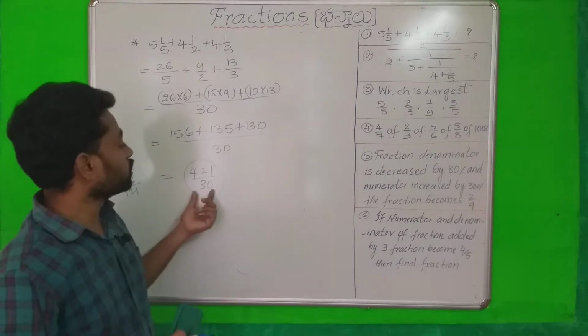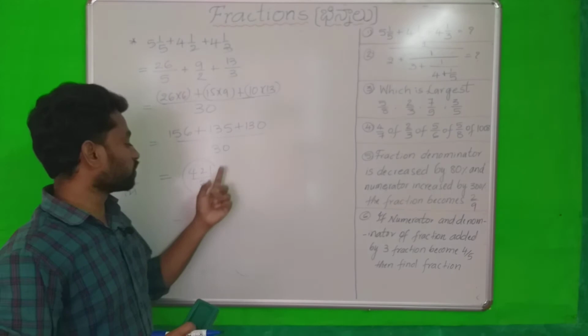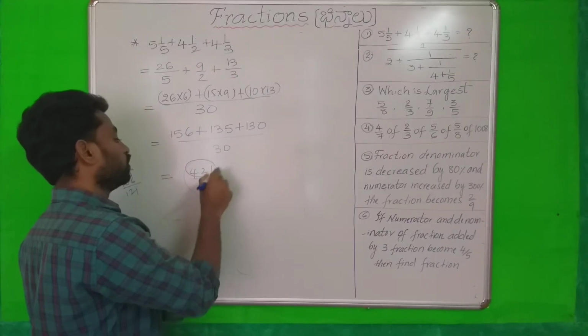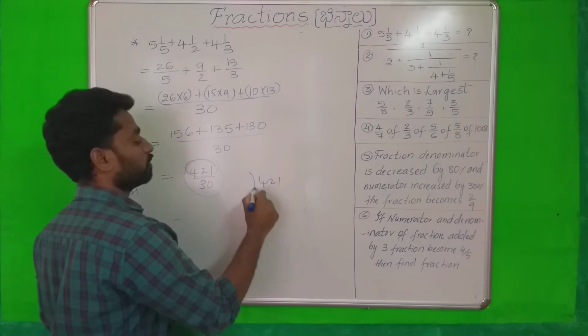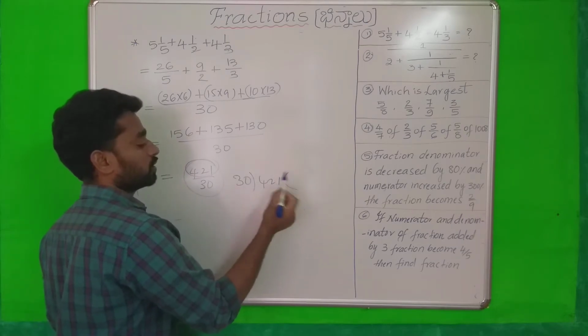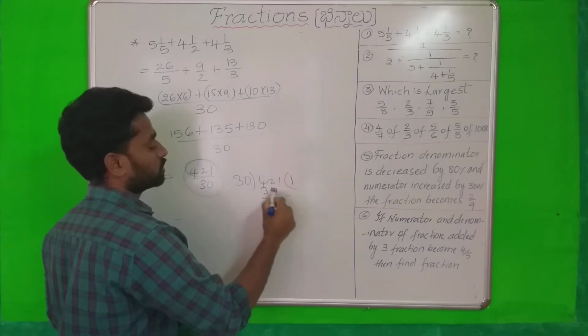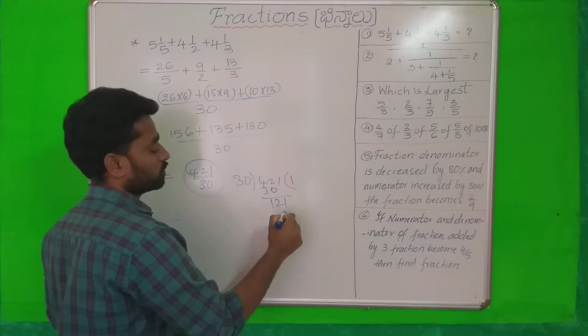So this is the sum of these three numbers, and this one we can convert into mixed form also. How can you do the process? Divide 421 by 30. 30 14s are 420, and here what is the remaining? 1. So 14 1 by 30.